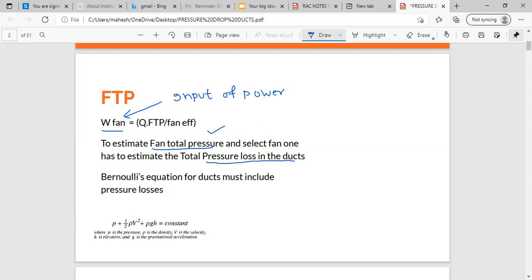That equation is known as the Bernoulli's equation for ducts.